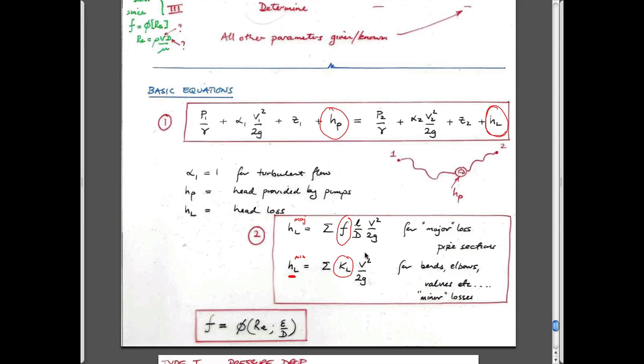So the things to remember are typically this is 1, typically this is 1. Remember always that this is the velocity at the outlet, this is the velocity at the inlet, and this is the velocity in the pipe or the fixture. It's important when you're doing the calculations to realize that.